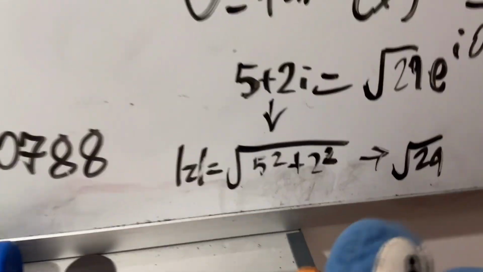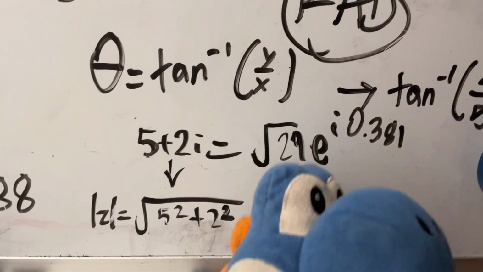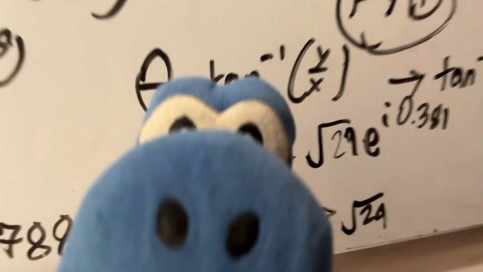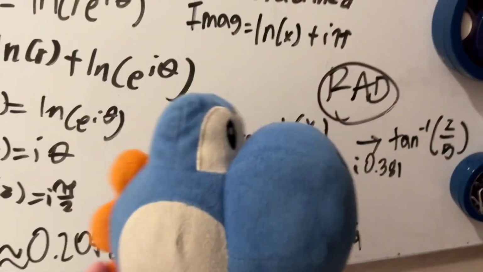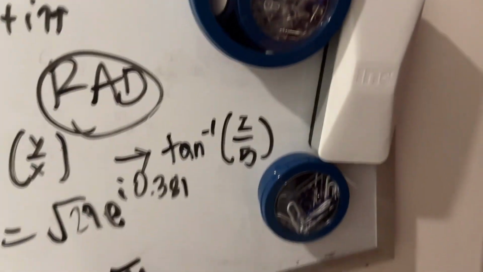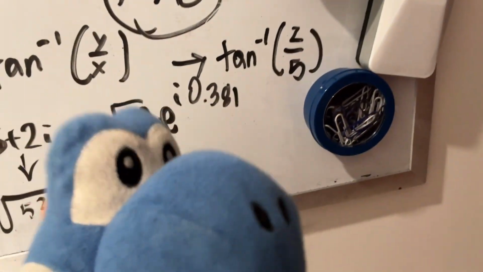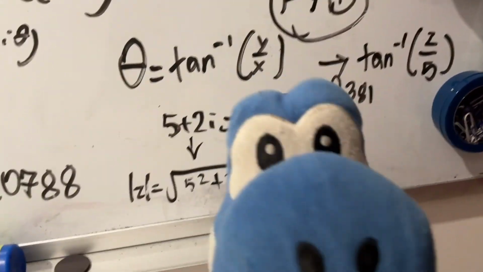So this ends up being the square root of 29. We sub that in for the square root of 29. We have e to the i. And then we have to take the argument of z, which would be the inverse tangent of y over x in radians. So that would be tan^-1 of 2 over 5, 0.381. So this is 5 plus 2i in polar form.